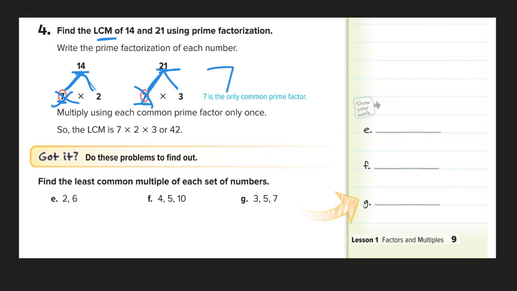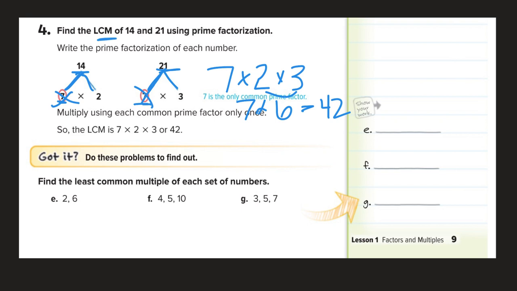But then I'm left over with a 2 and a 3, and because we're doing multiples, I need to use those to find the least common multiple. So I need to do 7, they both share that, times 2 times 3. 2 times 3 is 6. 7 times 6 is 42. So 42 is our least common multiple.